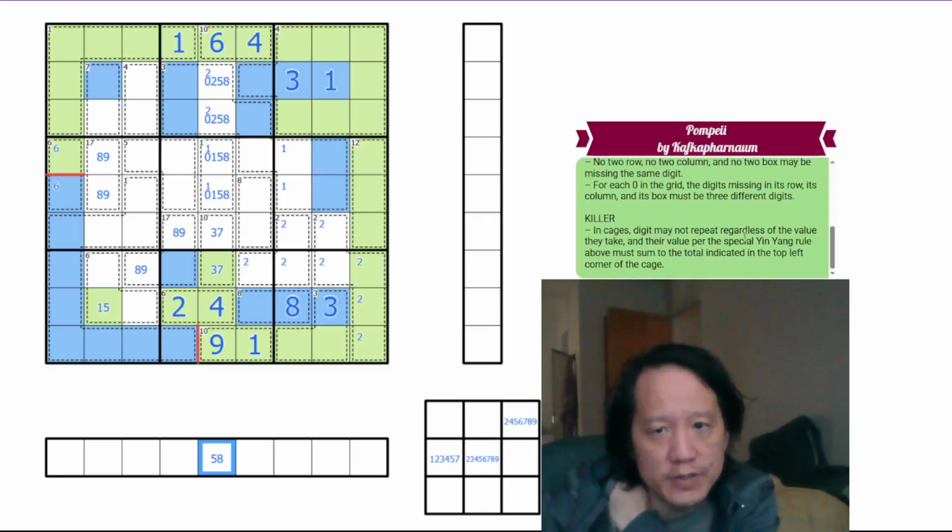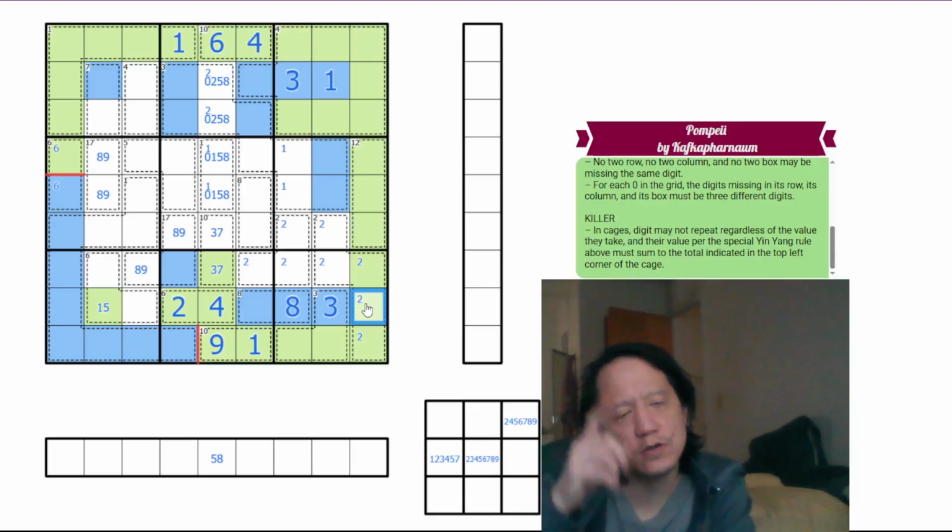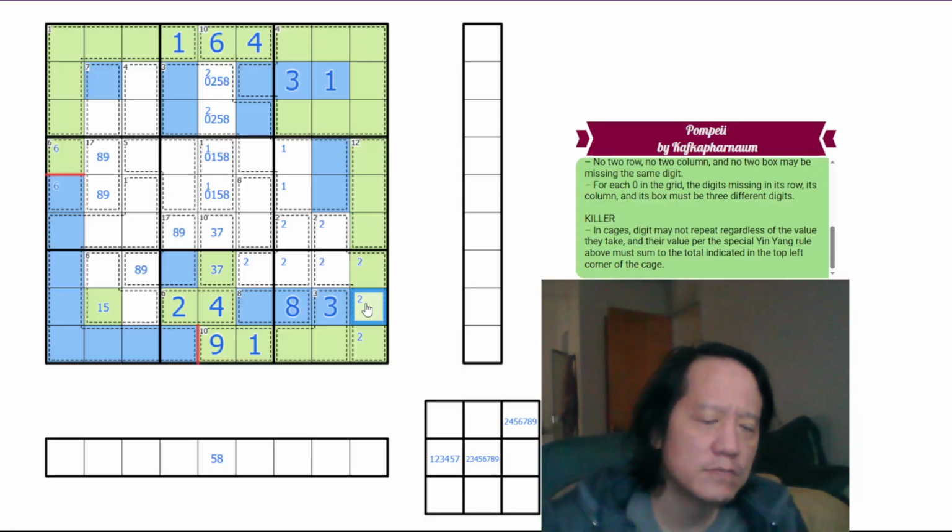Digits may not repeat regardless of the value they take in the cages. Okay, so there's no 2 here. There's no 2 here, obviously. One can't be here. One can't be here. Oh, that's interesting.